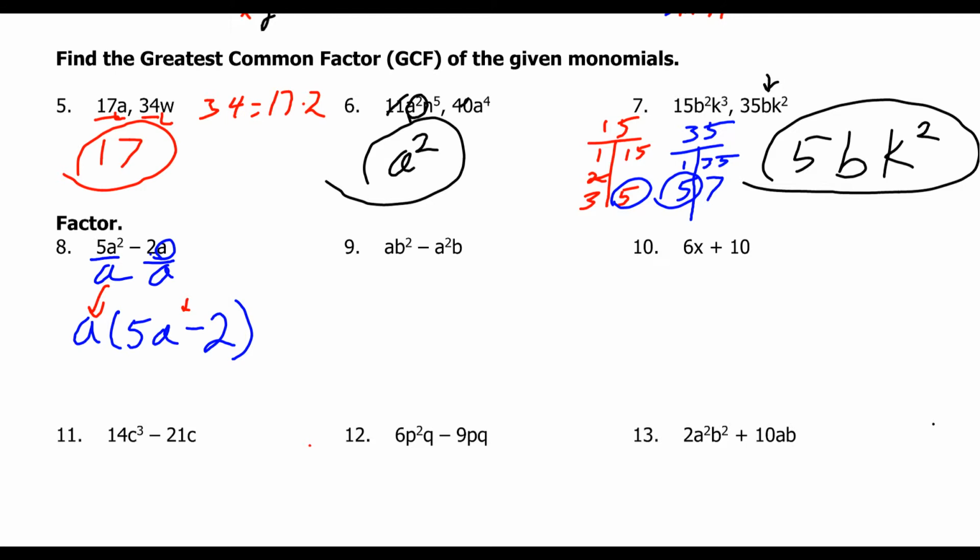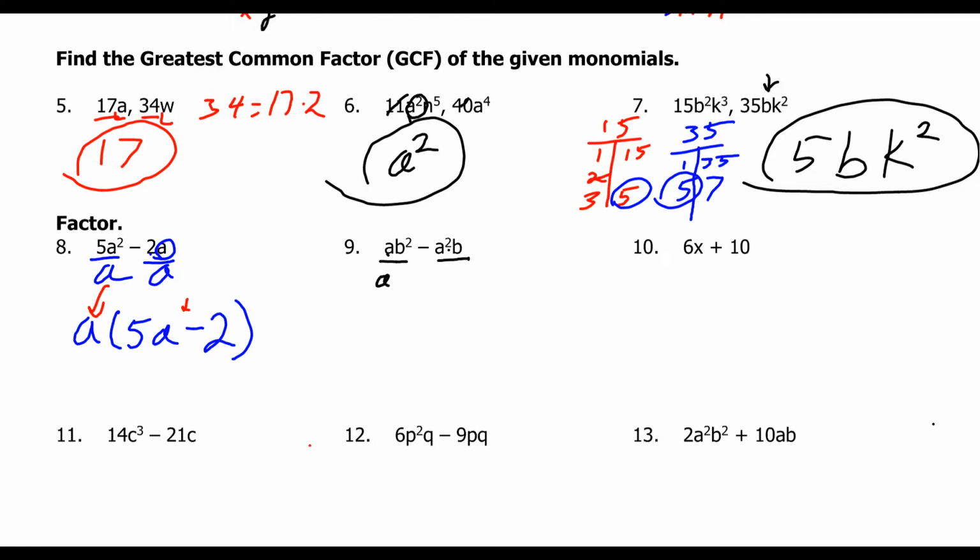All right, number 9. So what we're looking to factor out is the smallest available variable exponent. If you'll notice here we have an a, and we have an a here, so that means that we could factor out an a. And then we could also factor out a b.